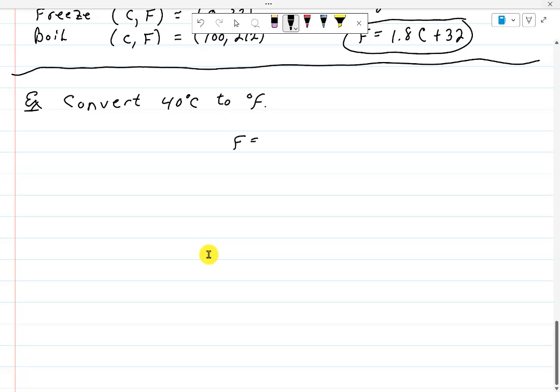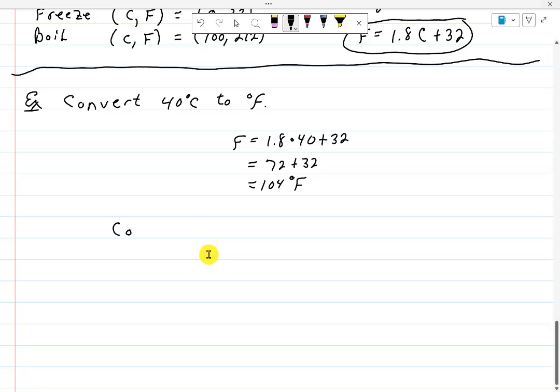The Fahrenheit will equal 1.8 times 40 plus 32. So we're going to have 72 plus 32 equals 104 degrees Fahrenheit. So 40 degrees, while it sounds cold, if it's in centigrade, it's pretty warm.